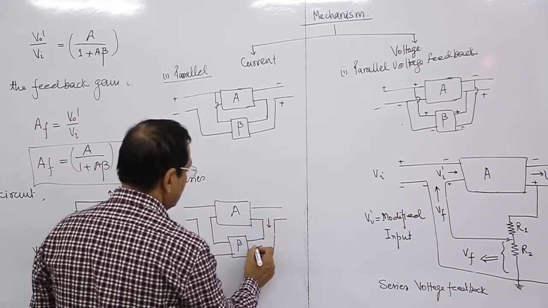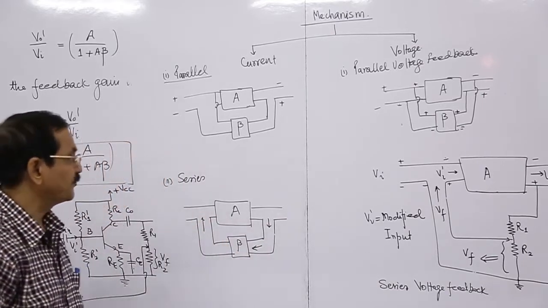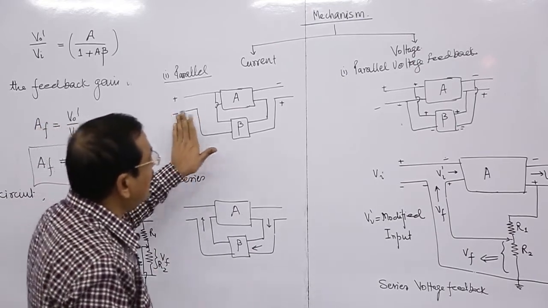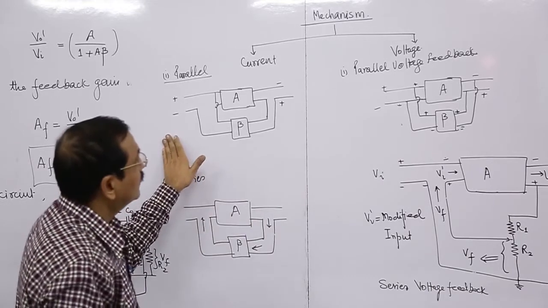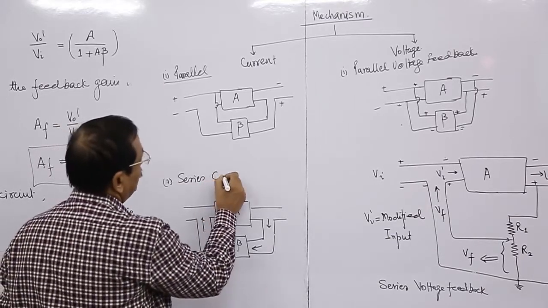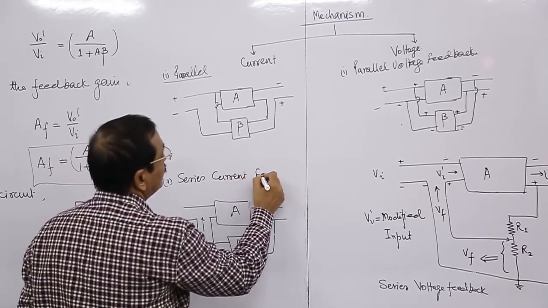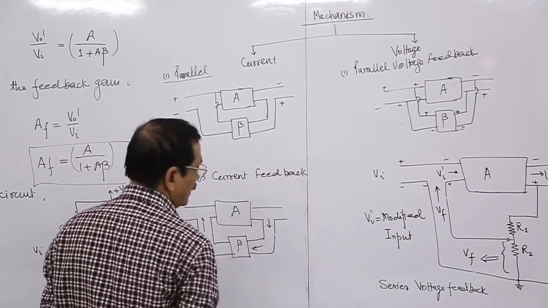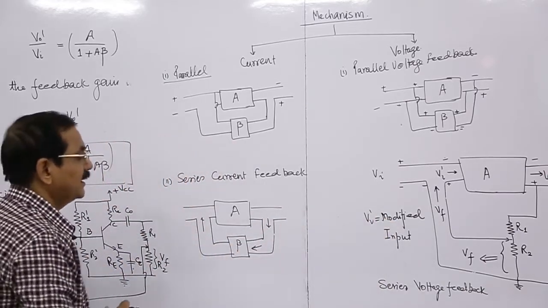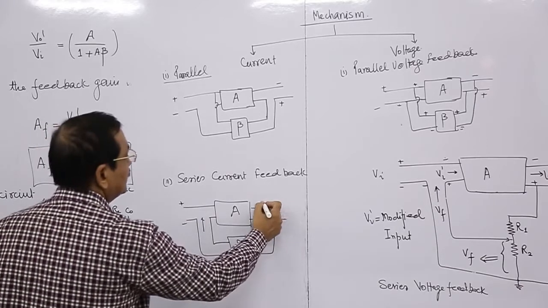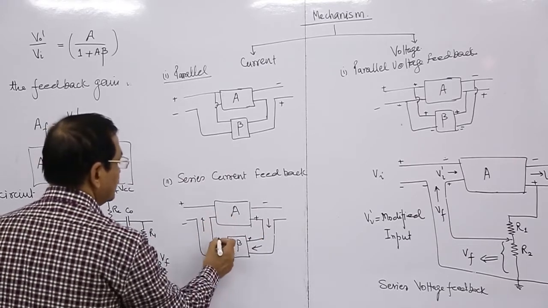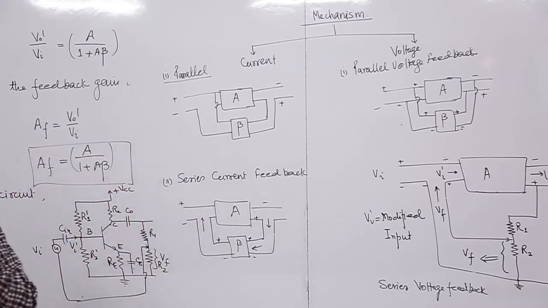Here it is the current, and this current is added in this way. So this is the parallel voltage and current. Here it is series current feedback. This is current feedback. This is voltage, series voltage feedback. So we are doing this kind of circuit, with positive and negative terminals as shown.